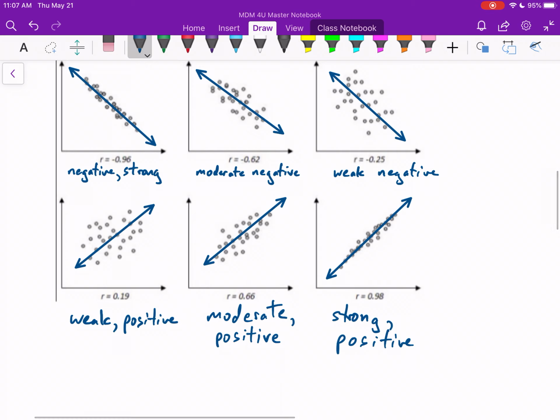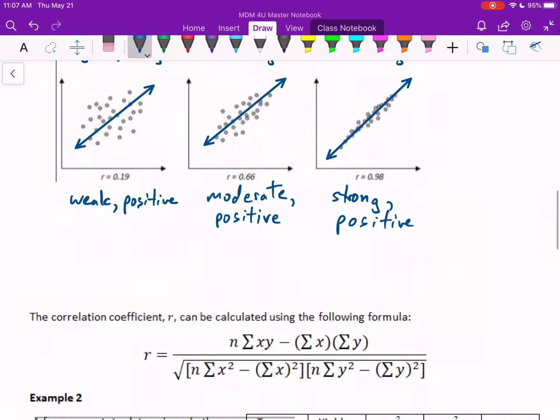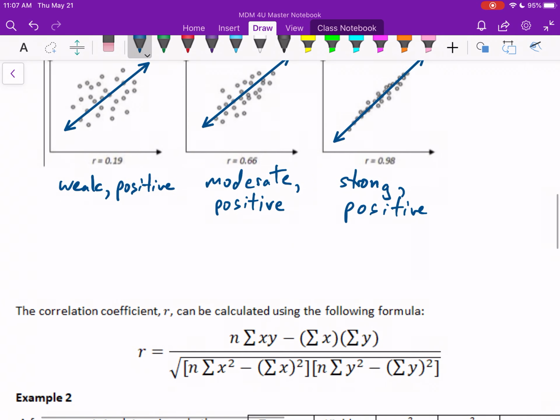But if we want to actually calculate the R value, where does that come from? There is a calculation for this. This is the formula, and it looks horrible, but it isn't actually that bad. We know all the different parts that we can put in here. It involves a few different numbers.